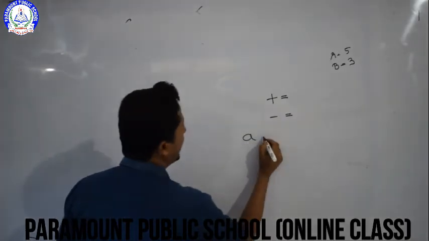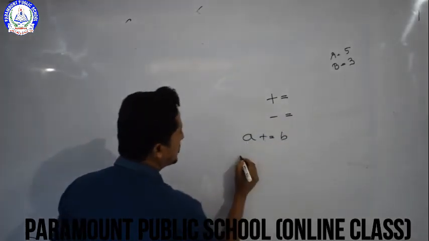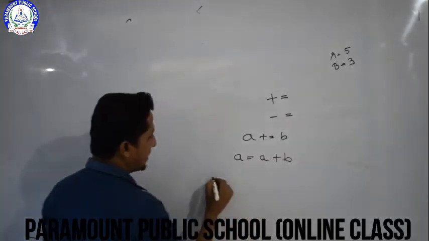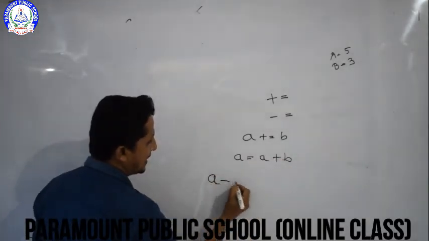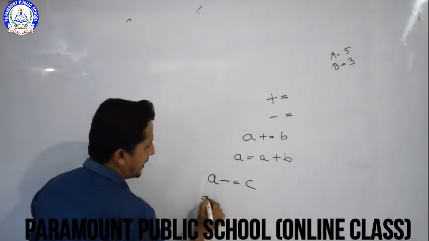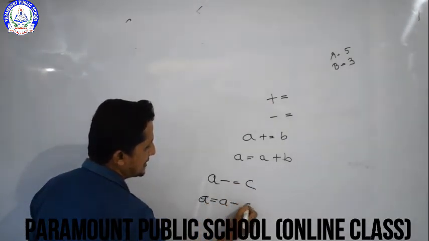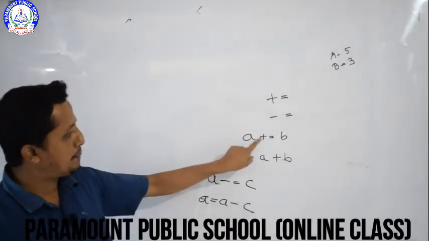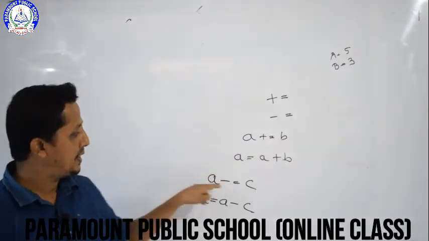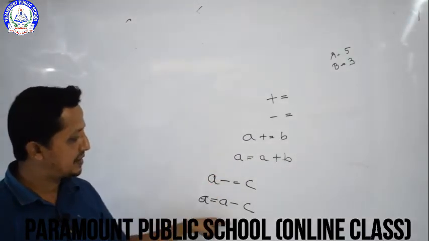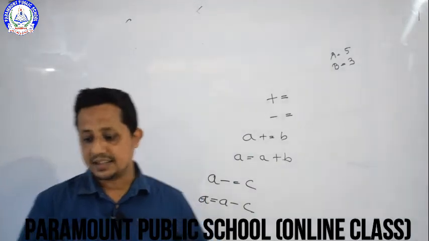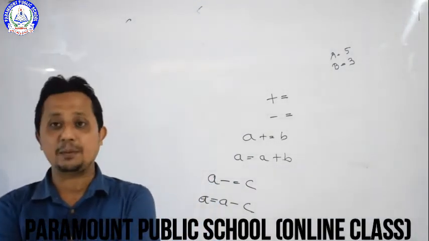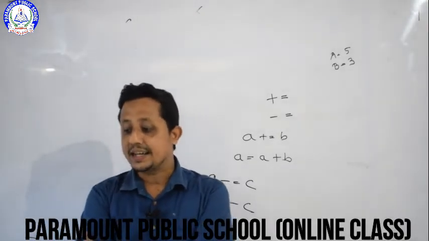Say I have written A plus equal to B. This means A is equal to A plus B. Suppose I have written A minus equal to C. This means A is equal to A minus C. You will find compound assignment statements in your book in table 6.7. There are some examples of compound assignment statements.